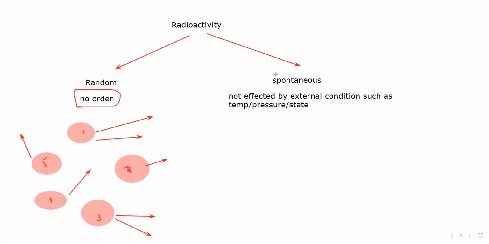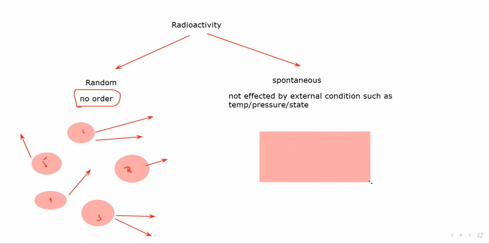The second, it is not affected by external conditions, so it is spontaneous. What is the meaning of spontaneous? It means it happens by itself. You cannot change the rate of this emission. For example, if we have a sample, this material is radioactive.